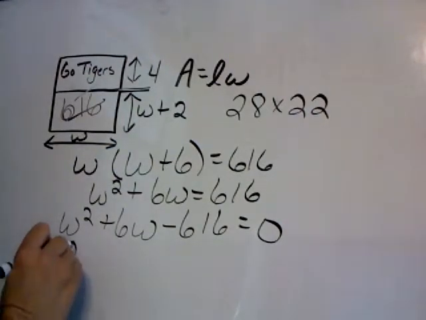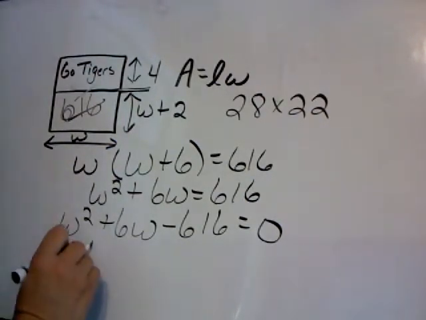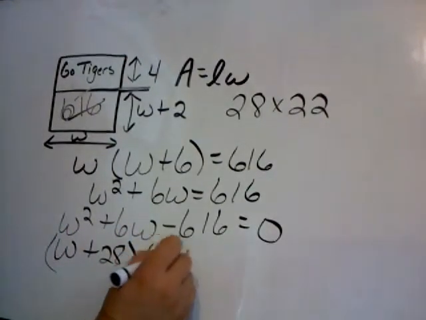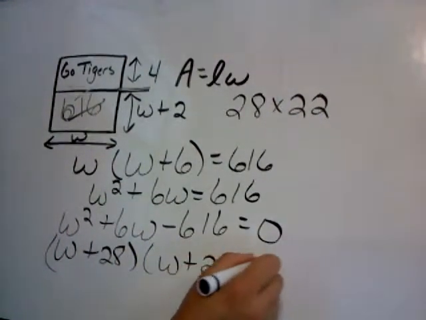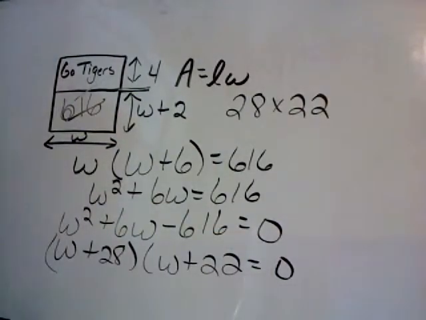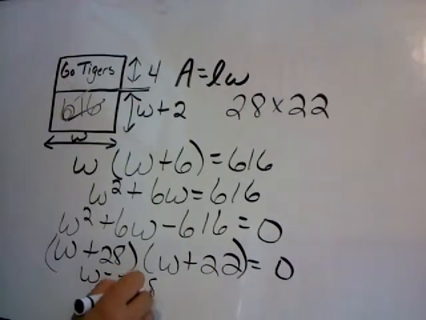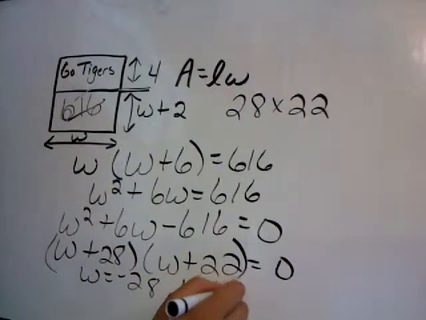So I can say W plus 28 times W minus 22 equals 0. That leaves me with W equals negative 28 and W equals 22.